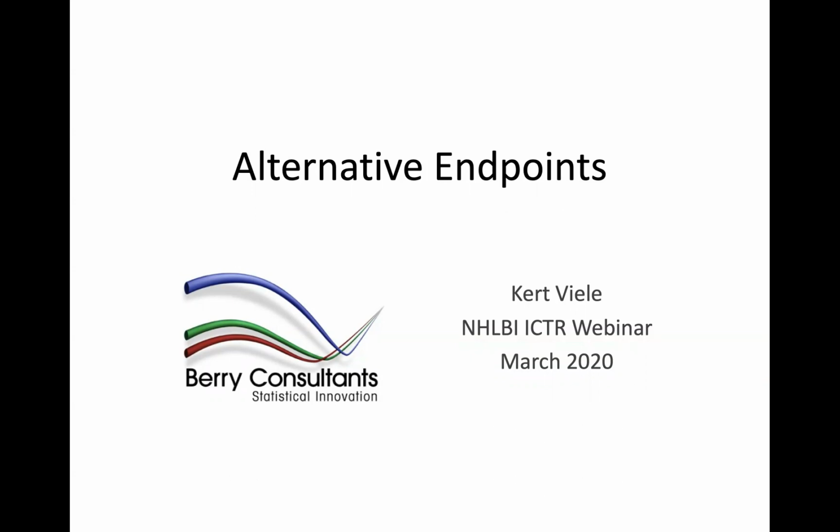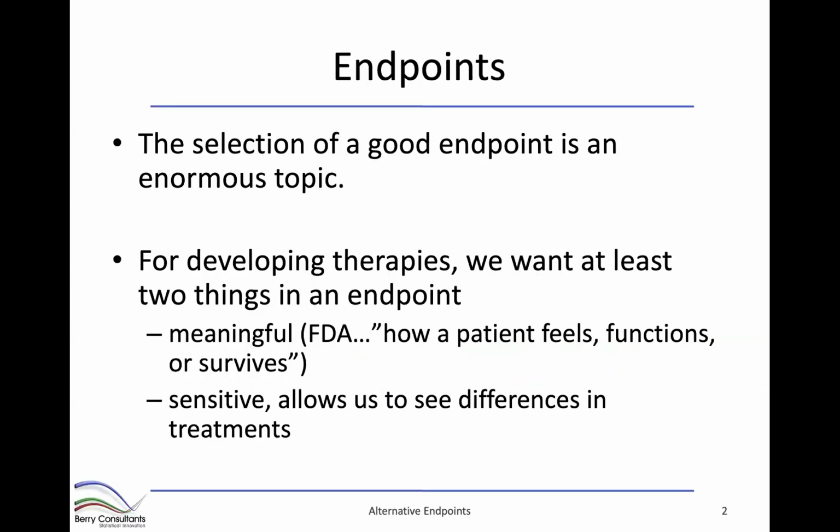We're going to be talking about alternative endpoints. Obviously, an endpoint is fundamental to any trial. It's the headline, it's in the primary analysis. It's essentially what decides whether the trial is successful or a failed trial. The selection of a good endpoint is a very big topic, so we're not going to discuss all of this topic today.